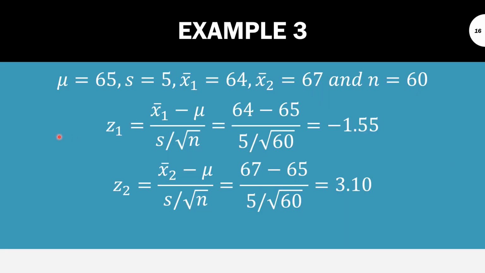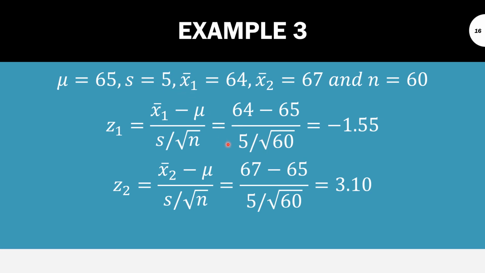So let us solve. We have here mu as 65, sample standard deviation as 5. The first one, x bar sub 1 is 64, x bar sub 2 is 67, and the sample size is 60. And if we're going to put that in our formula, we have here 64 minus 65, all over 5 divided by square root of 60.